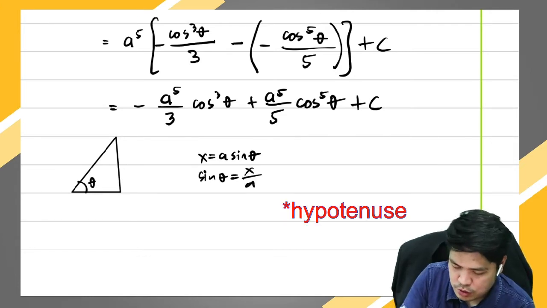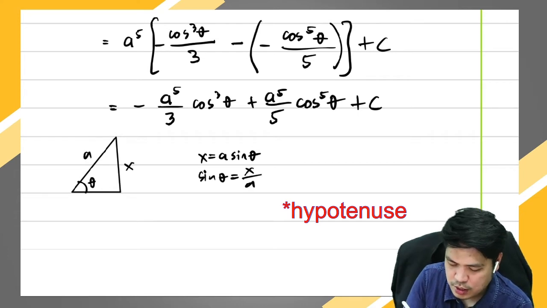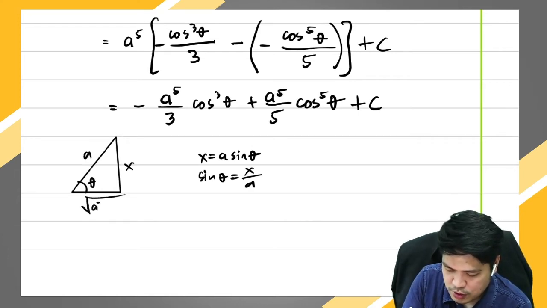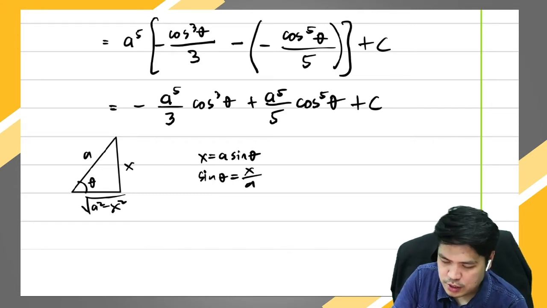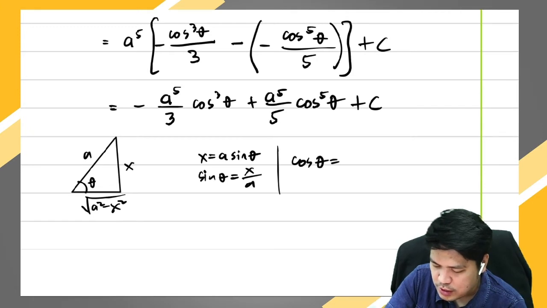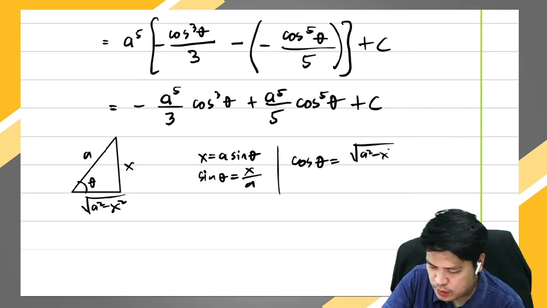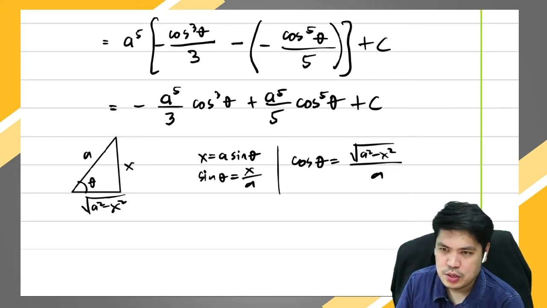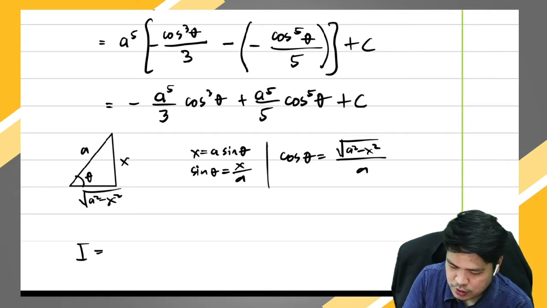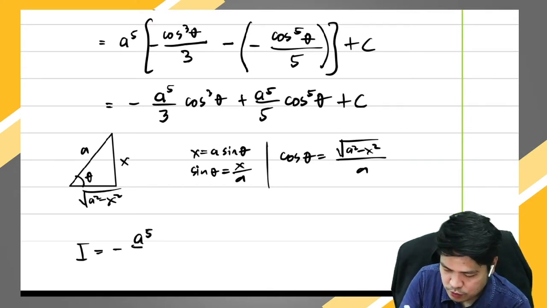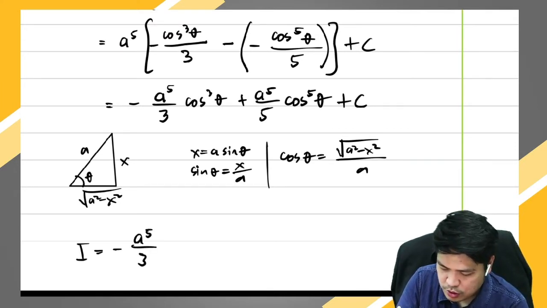So therefore, the opposite side is x, the hypotenuse is a, and this is the square root of a squared minus x squared. Okay? And cosine theta is just equal to adjacent over hypotenuse, a.